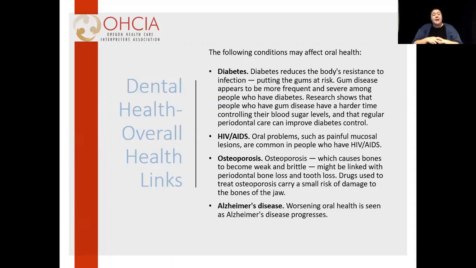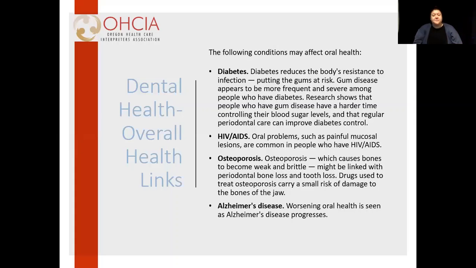Other conditions that may affect your dental health: if you have diabetes, you are more prone to gum disease. If you have AIDS or you're HIV positive, you may have a lot of cold sores or mucosal lesions, as they say.